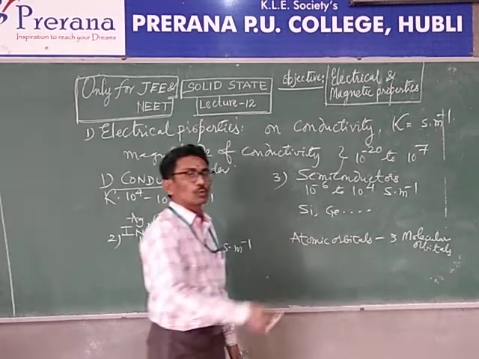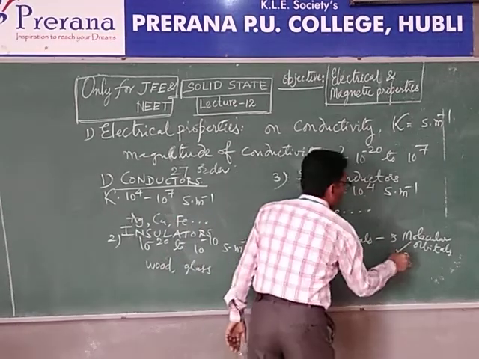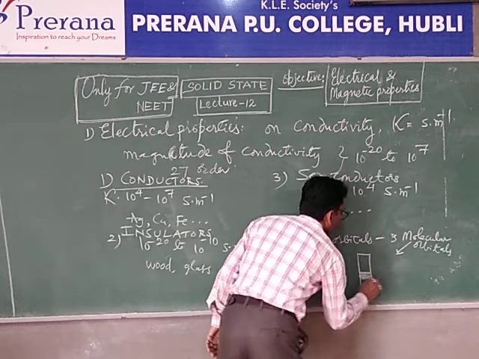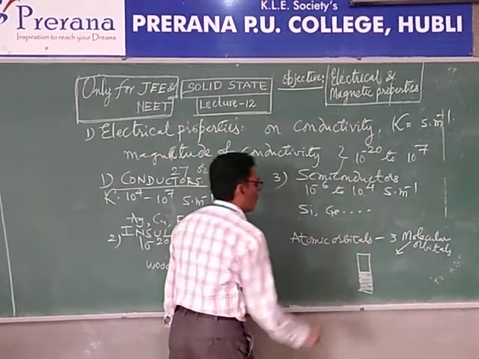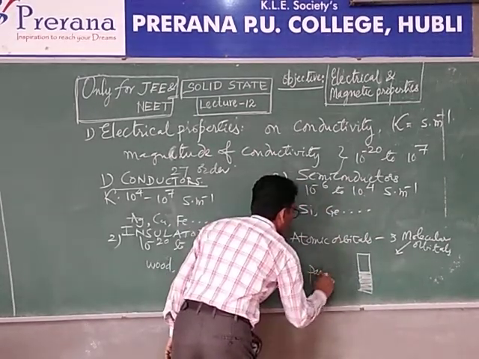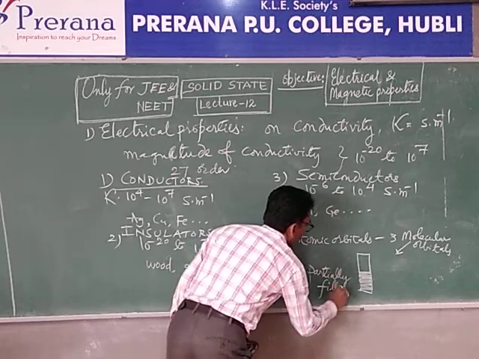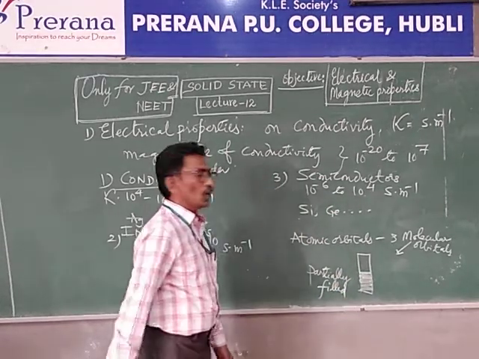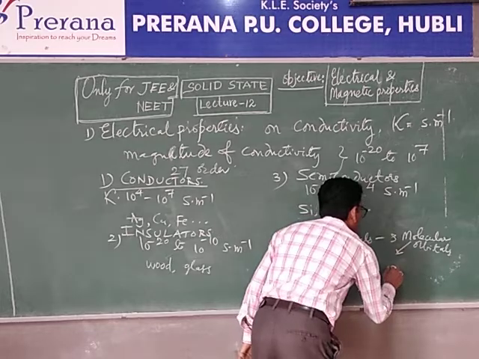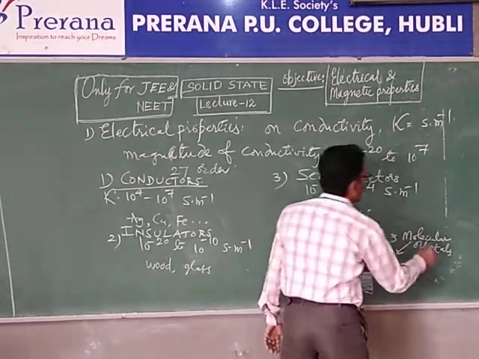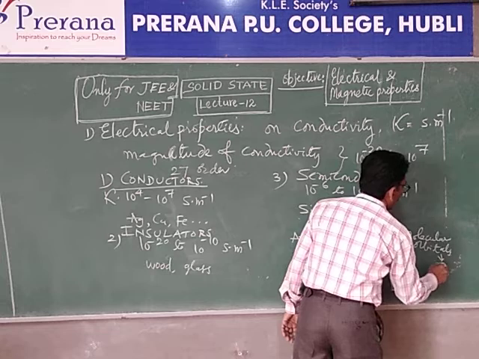Here, this is a molecular orbital which is partially filled, overlapping with a filled band. These molecular orbitals form bands.